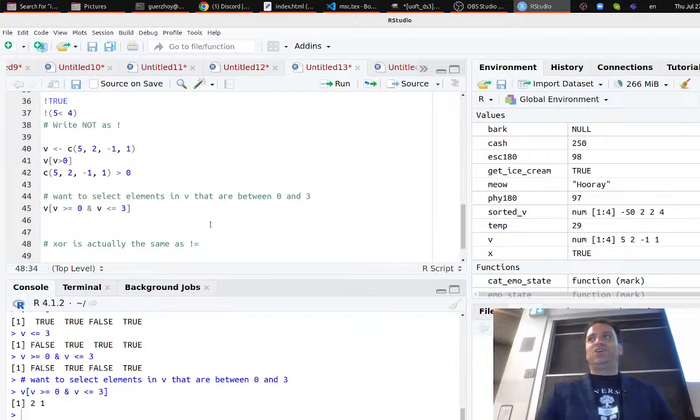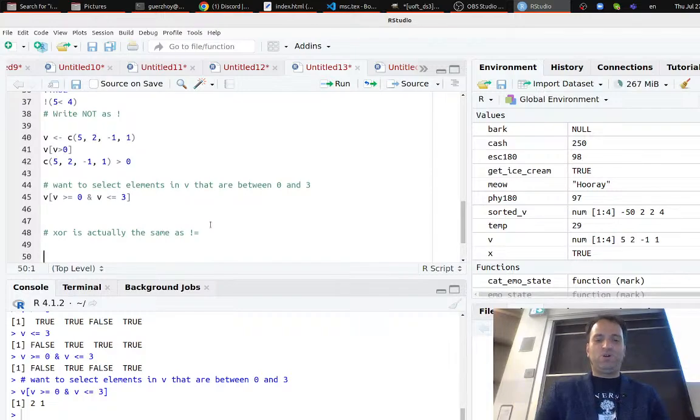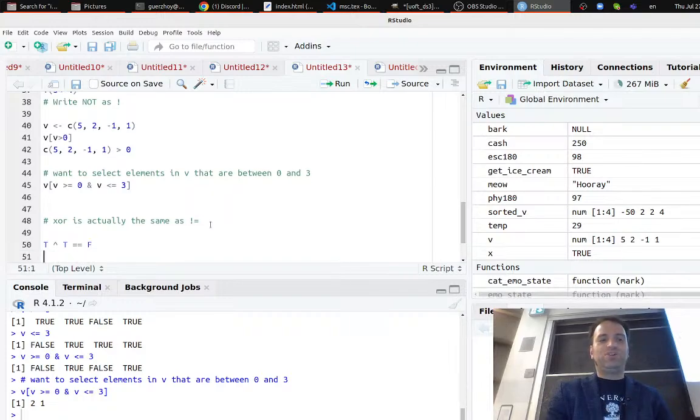So what does exclusive OR mean? People sometimes write it like this, not in R: true XOR true is going to be false, and false XOR false is also going to be false. I'll write it as XOR.